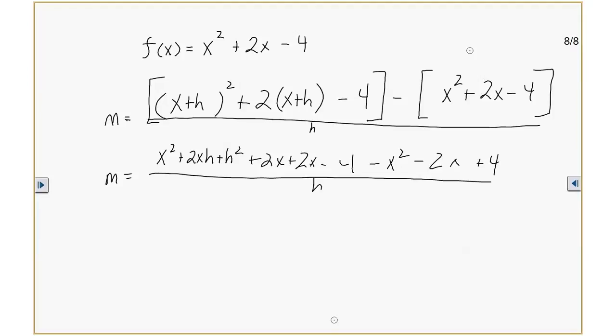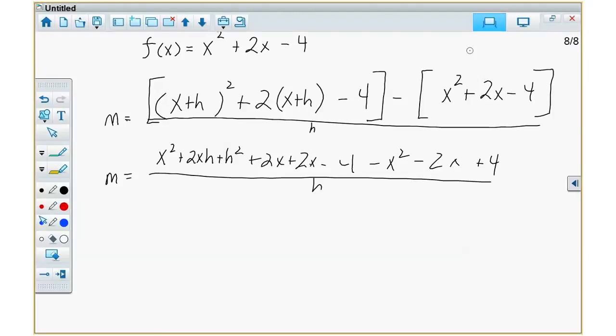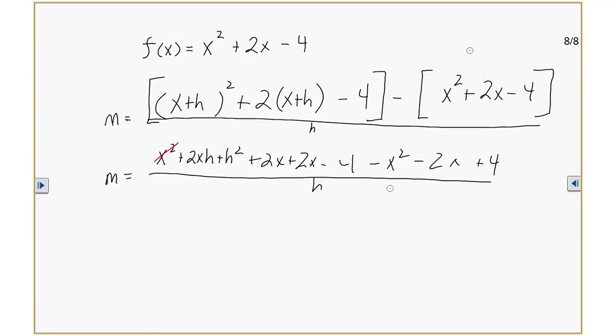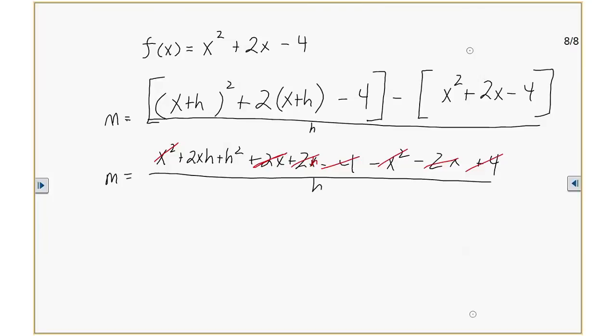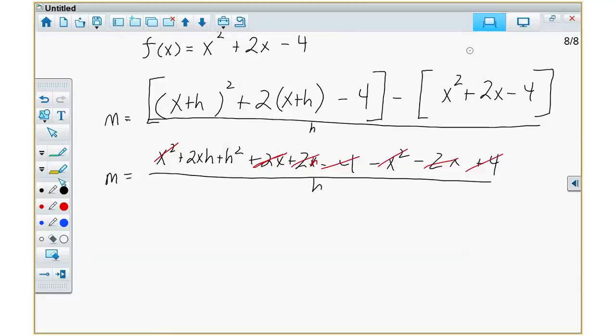Then you get your handy dandy red pen out, and the x squared goes out, the 2x goes out. That second x should be 2h. It probably was if I was going fast. Yeah, that's supposed to be h. There you go. Okay, and the fours do what? And that leaves all what? And that usually happens. Now, you might get an x term left in there, but that doesn't mean it's wrong.